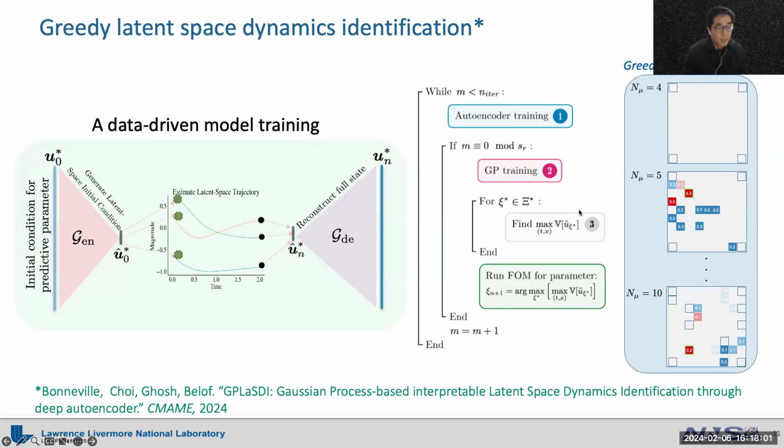For example, you look at the variations, find out where the maximum variation occurs in your parameter space, and pick that point as the next training point and add that into the data-driven training, and back and forth.